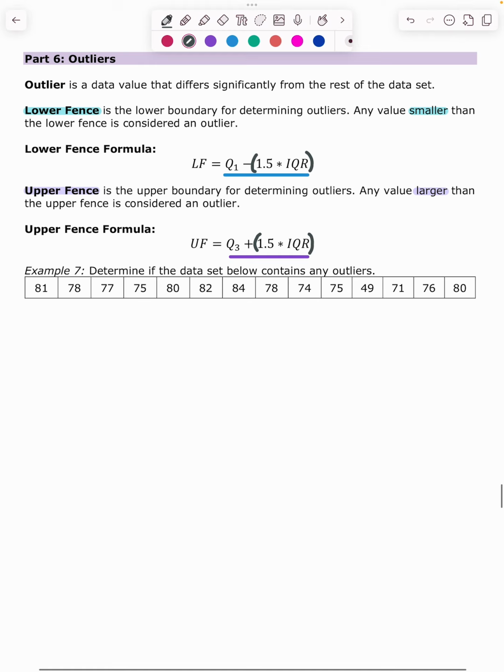We're going to determine if we have any outliers in this data set. I did not pre-sort this data set, so take a moment to figure out the correct order. I have done that, so I'm going to start listing them out.